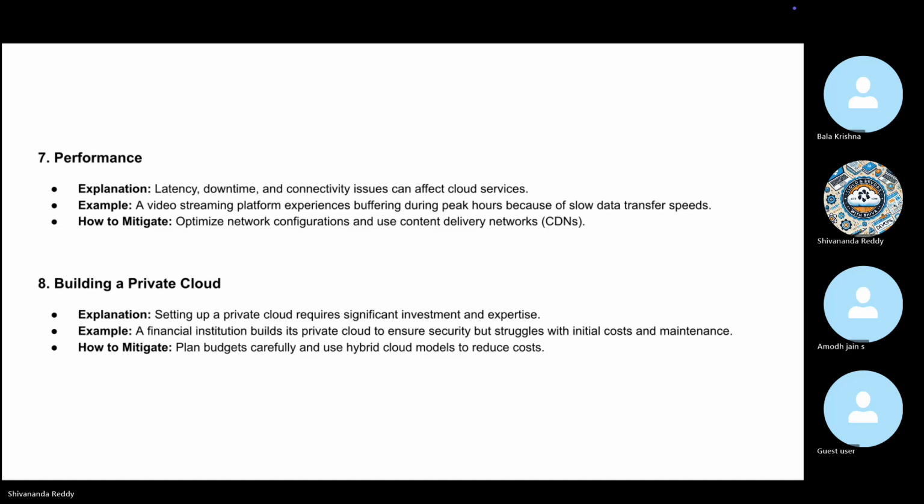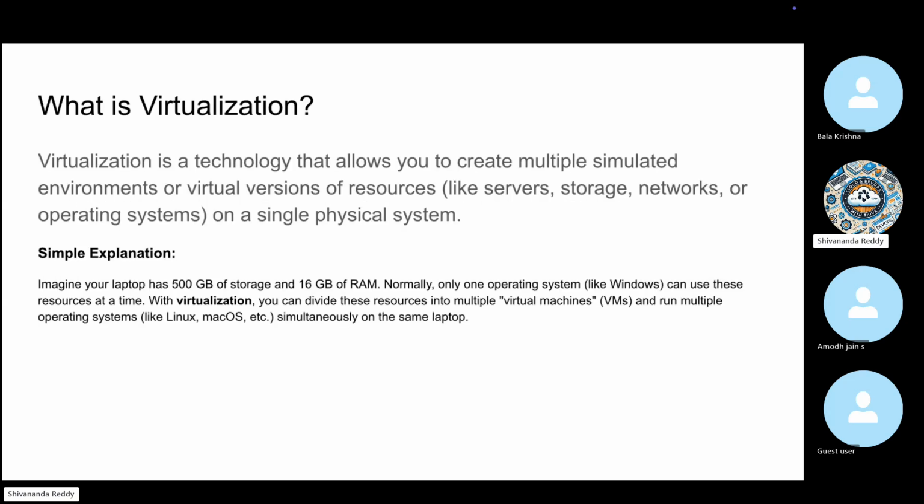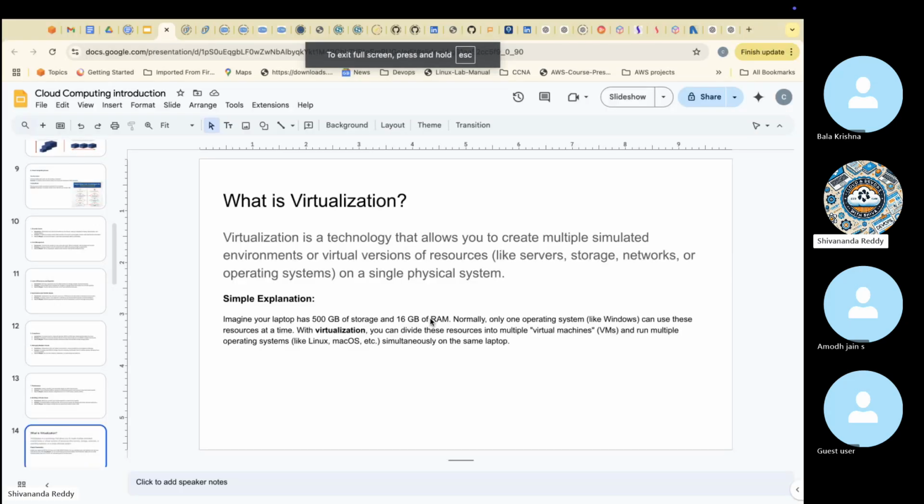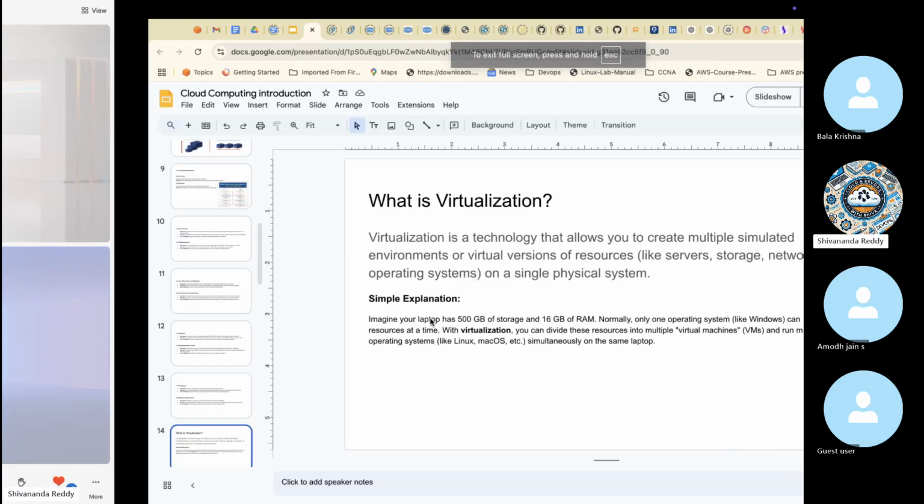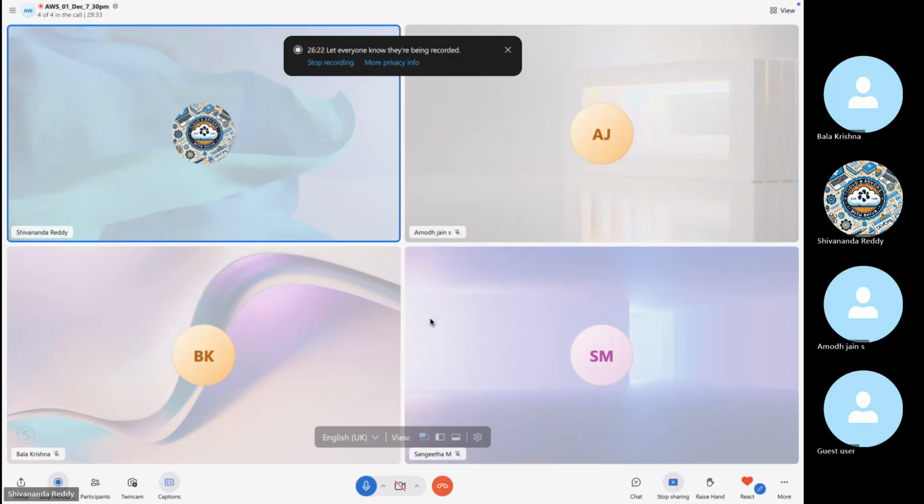Understood? Any questions now? I'll wind up today here. In the next class we'll discuss virtualization concepts. You can let me know any questions or confusions about cloud computing, the different types of clouds, and the advantages and disadvantages of the cloud.